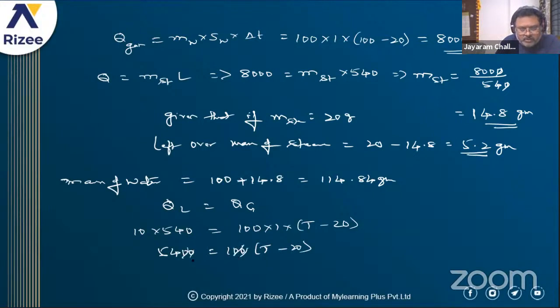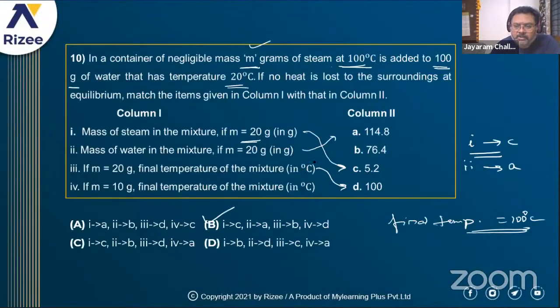Remove these two zeros. So T is equal to 54 plus 20, that is 74. I'm going for an approximation here, so this is roughly 70. This should be your answer. So B should be your option.